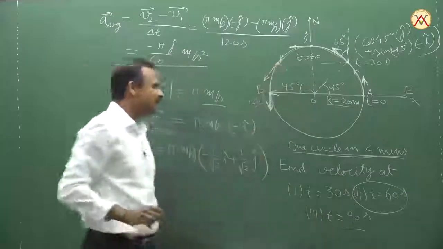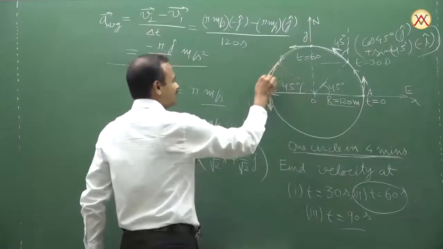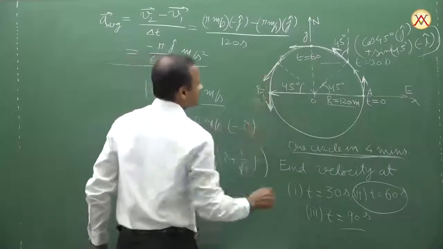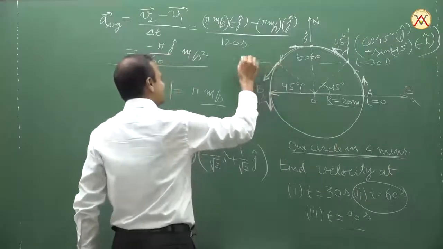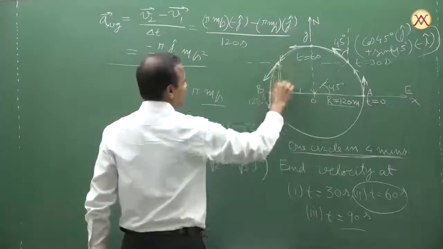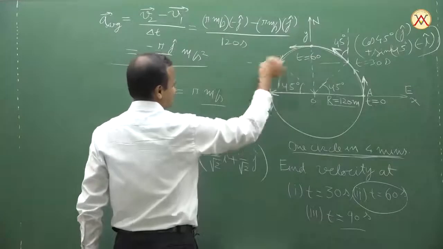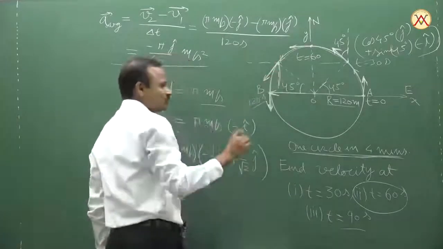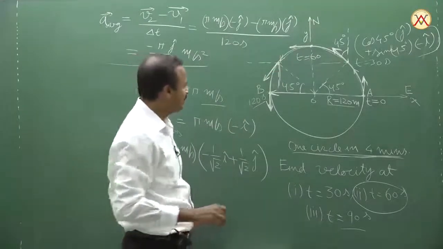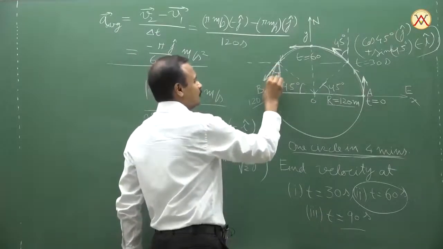That means this point, you can see both the components, x as well as y component, are negative. It is pointing towards southwest. So both the components are going to be negative. This angle is again 45 degree.